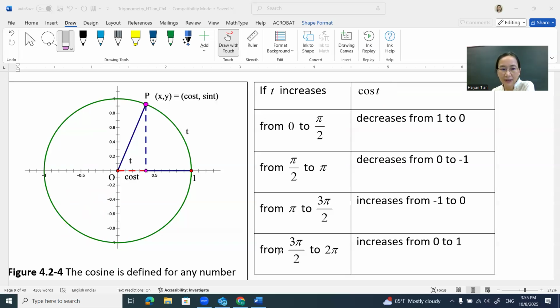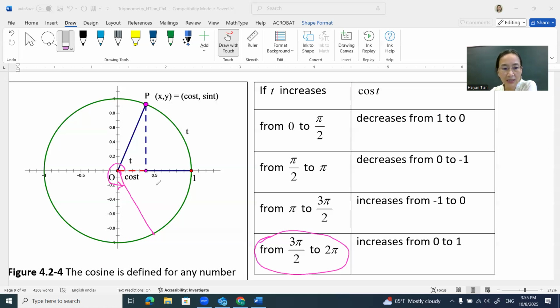Then on the last quadrant, we still assume our t is just in this range, but that means it's in the fourth quadrant. So if we increase and the t value is more than 3 pi over 2, or can be equal to, but let's assume it's in this range. So that's our t right now.